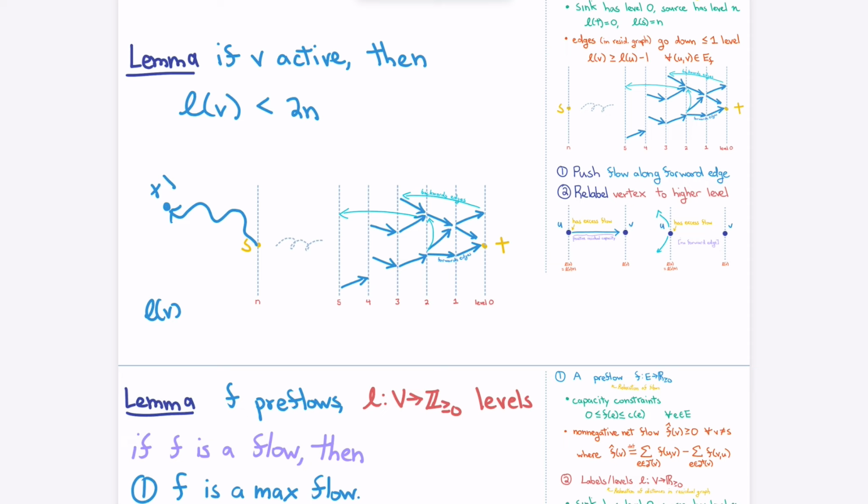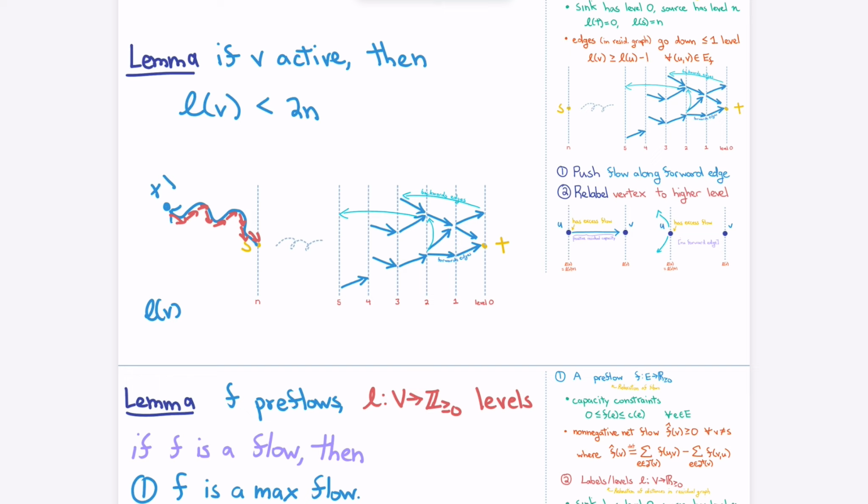Which means that in the residual graph, you must have all the reverse edges.